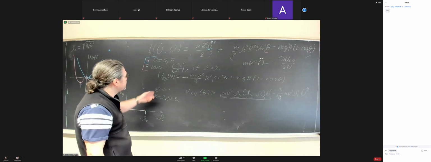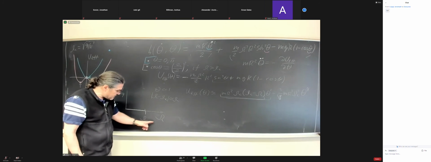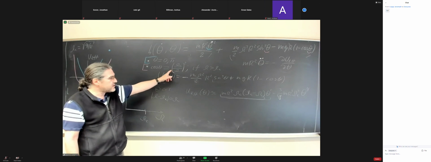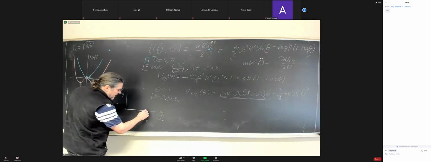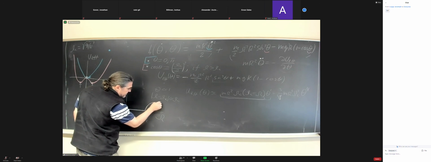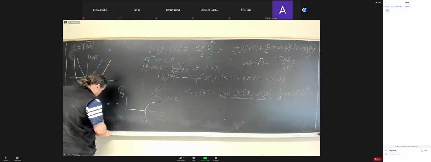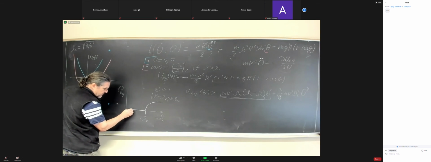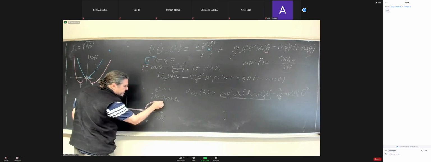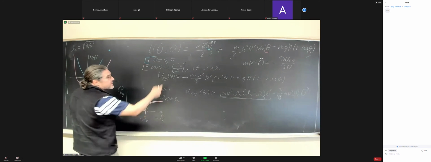But when my omega becomes larger than omega critical, the equilibrium position is given by this formula. And what I will have is a square root, like this. So that will be my total graph. And that will be a square root here, because it's cosine, it's square.